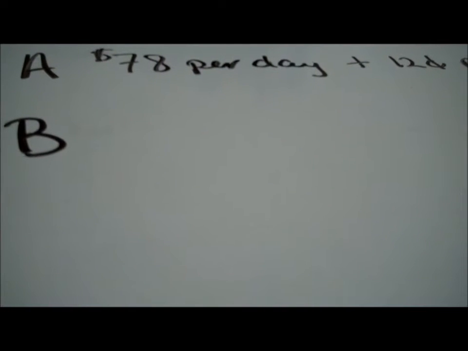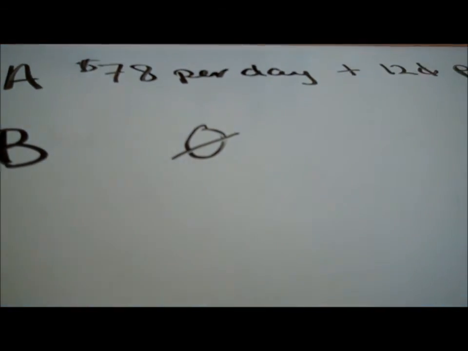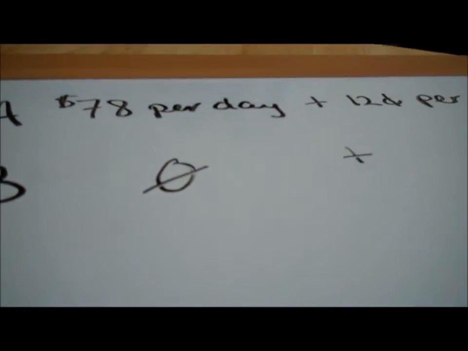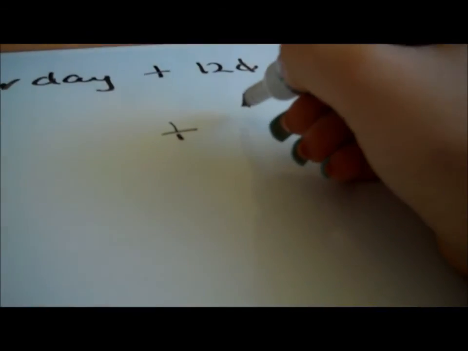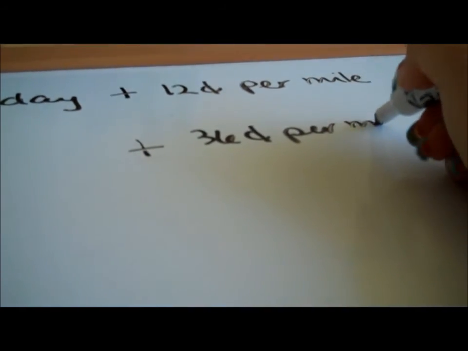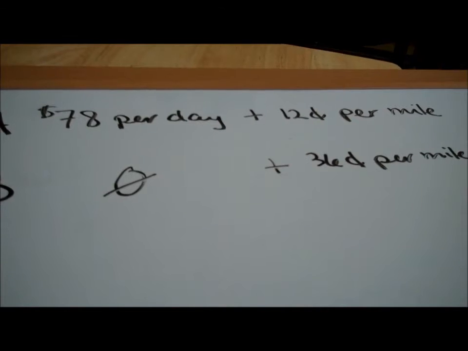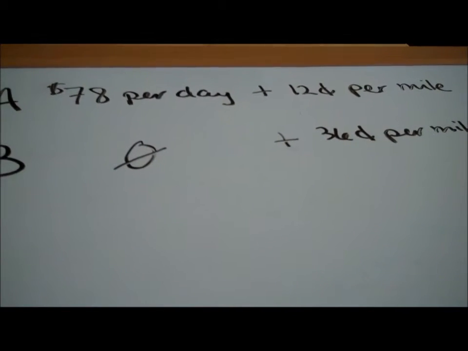Okay. It says the other plan offers no daily fee, so this is a 0. Okay, they don't offer any charge per day, but they're going to charge you 36 cents per mile. Okay, so those are the two. The breakdown for the first company and the second company.